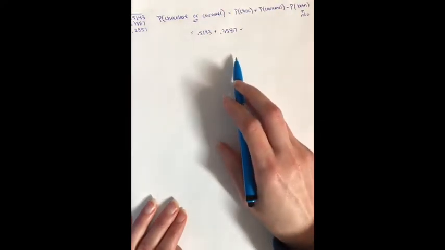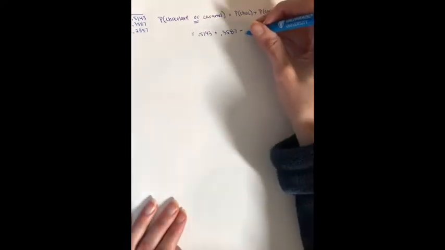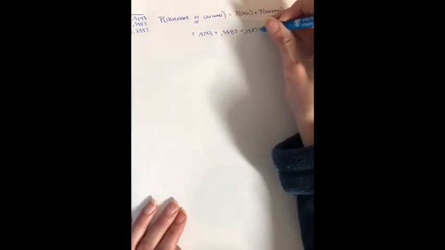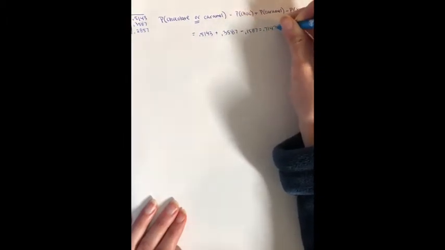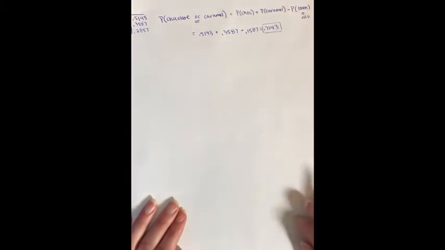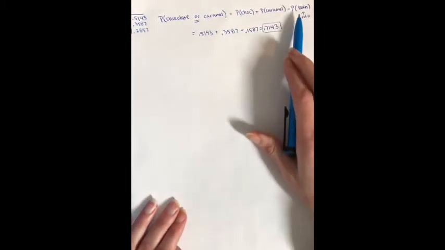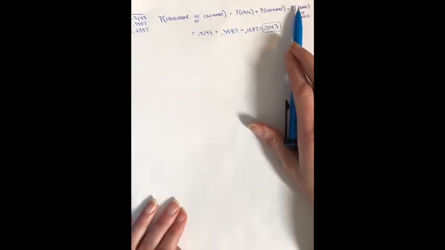But we have to take out that both section. So the both, in this case, is Rolos, which is 0.1587. All right, because we don't want to count it twice, we only want to count it once, so we take away one of those counts. That way we only counted it once.